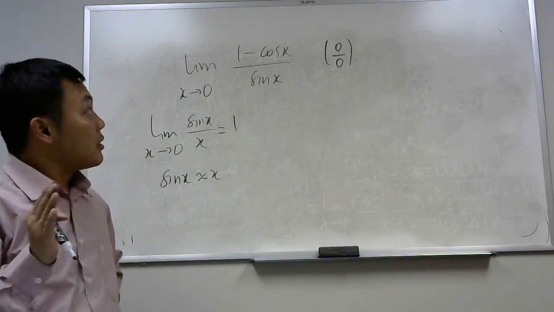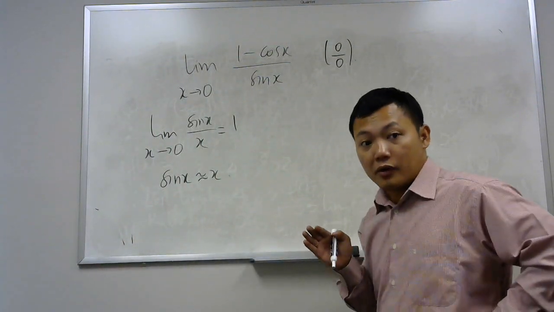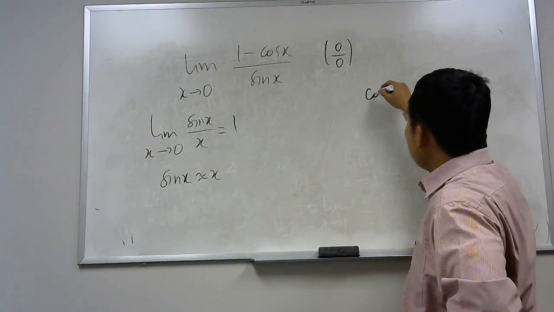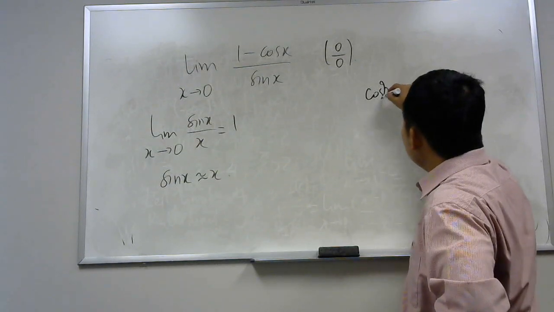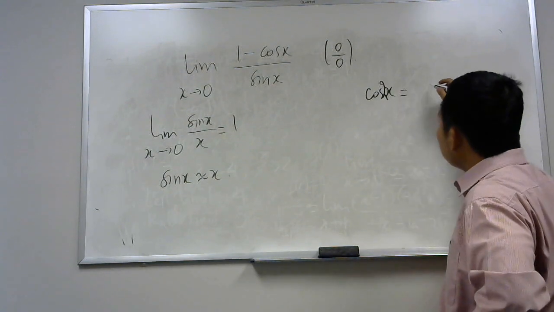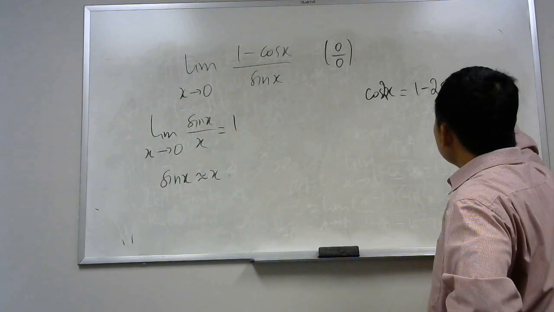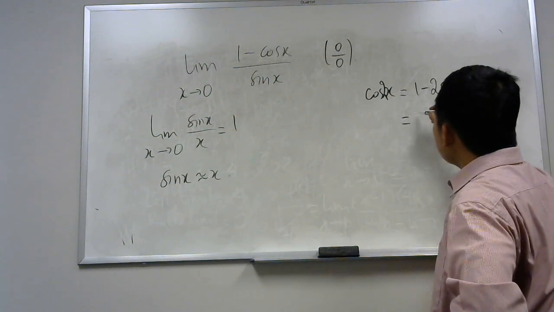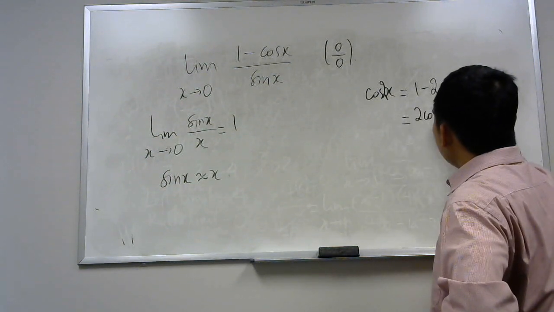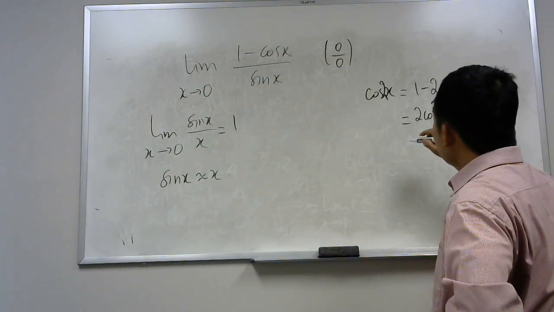From trigonometry, you have the following, we call them double angle formulas, right? So that is cosine of 2x equal to 1 minus 2 sine square of x, or sometimes you use 2 cosine square of x minus 1, okay?